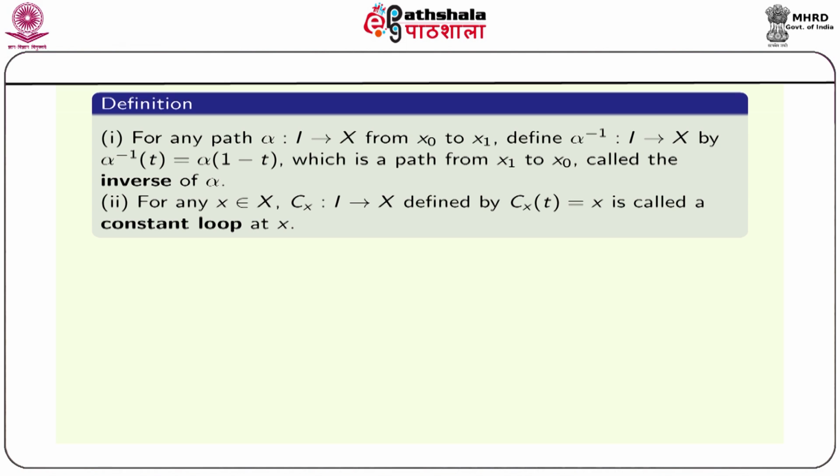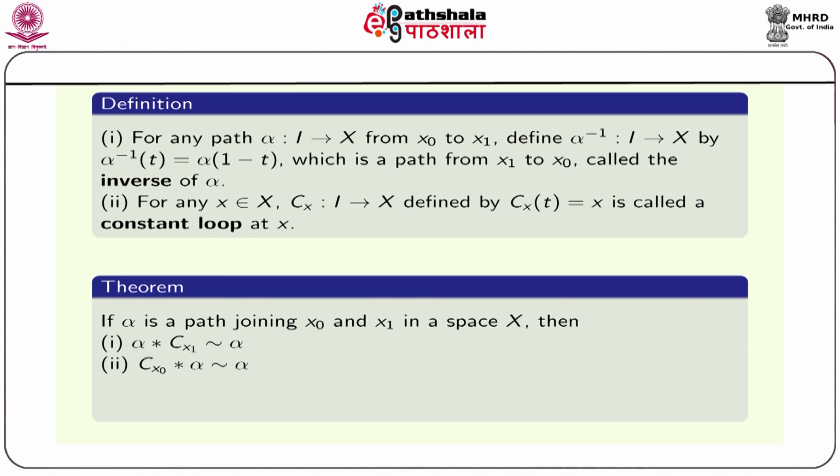Another thing is that for any x, we define a constant function Cx from the closed interval 0 1 to X, which is defined by Cx of t is equal to x for all t belonging to the closed interval 0 1. This is called a constant loop at x.